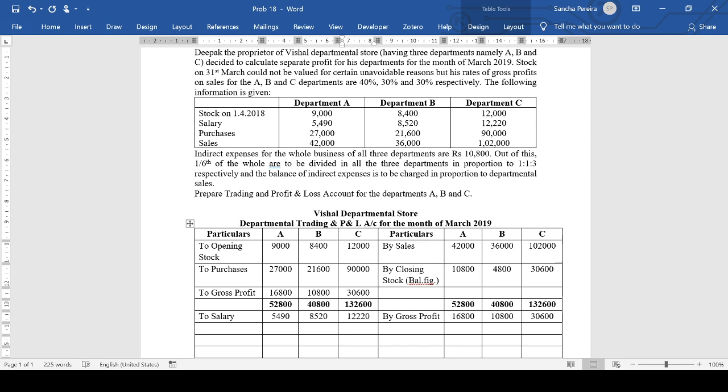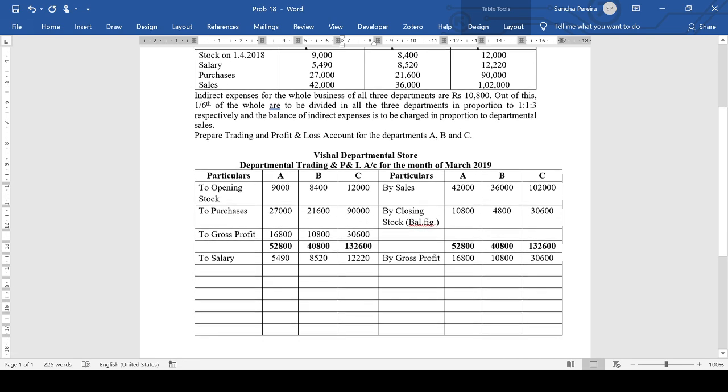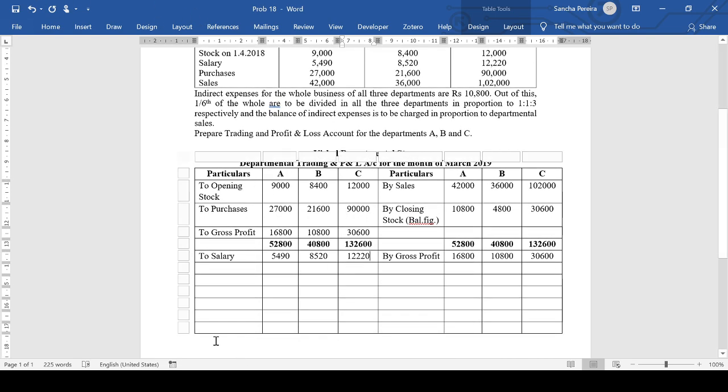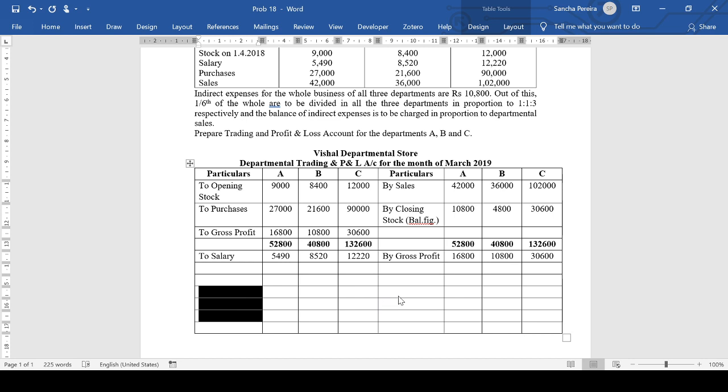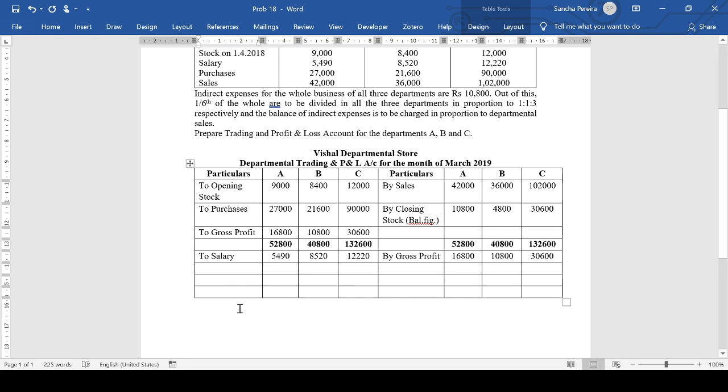Now, indirect expenses is the next one, for which we will have to prepare a note. So, calculation of indirect expenses. I will do a small note for this.